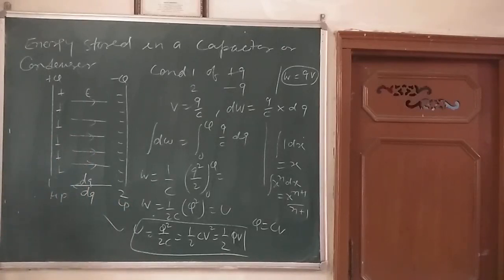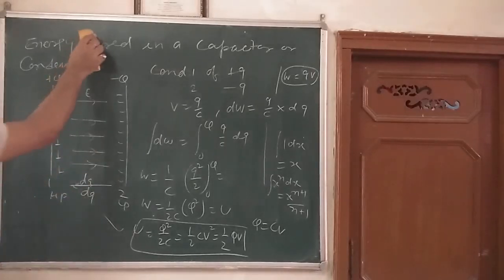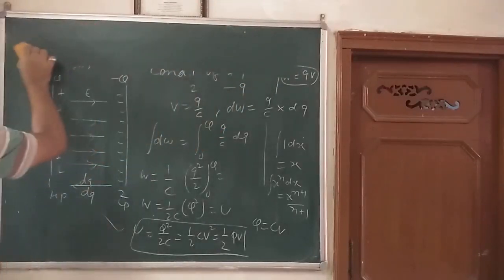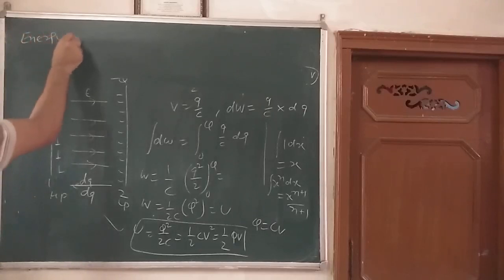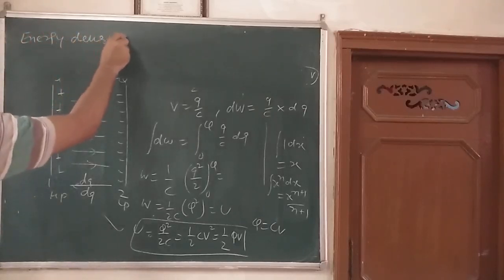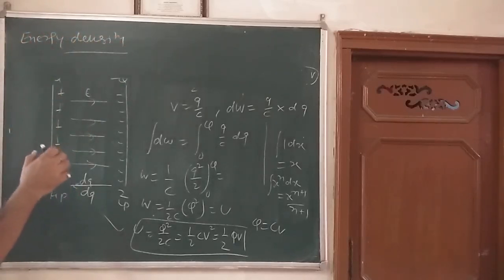Now, what is energy density of a parallel plate capacitor? Here I am going to find out the energy density of a parallel plate capacitor. Dear children, what is energy density?